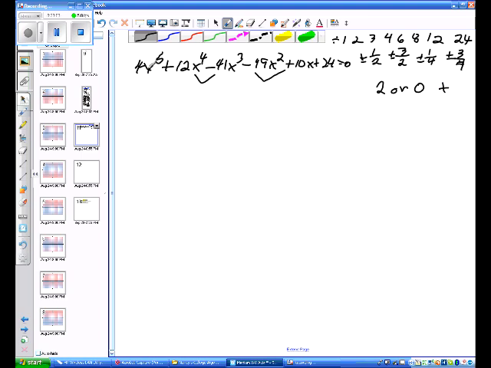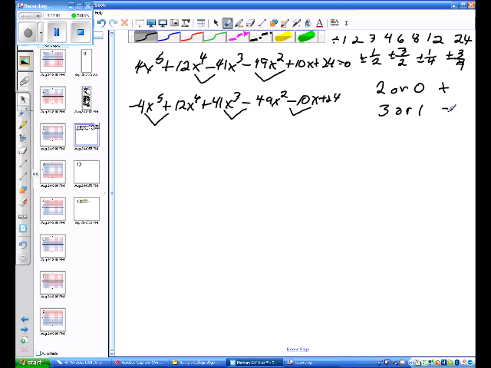If we substitute in negative x, I'm just going to go ahead and change the signs of the ones that are odd powers, so that would be negative 4x to the fifth plus 12x to the fourth, plus 41x cubed, minus 99x squared, minus 10x plus 24. So as far as our sign changes, we have 1, 2, 3. So we have 3 or 1 negative roots.